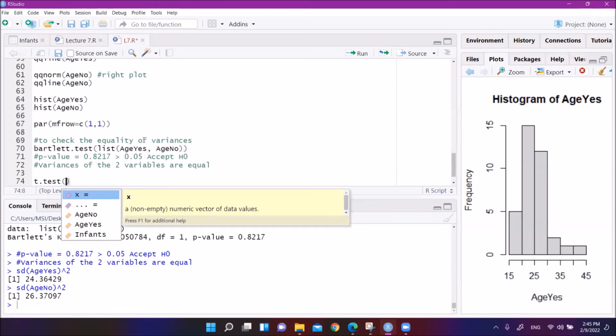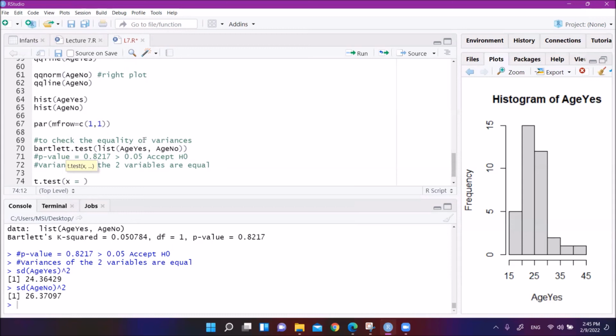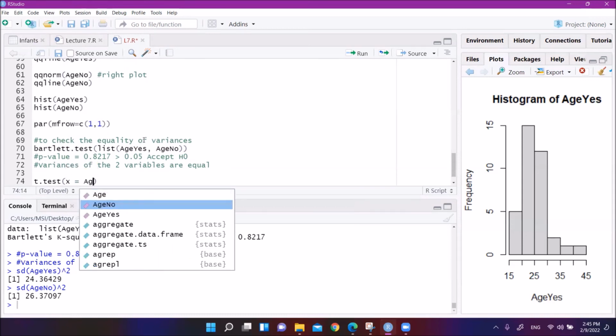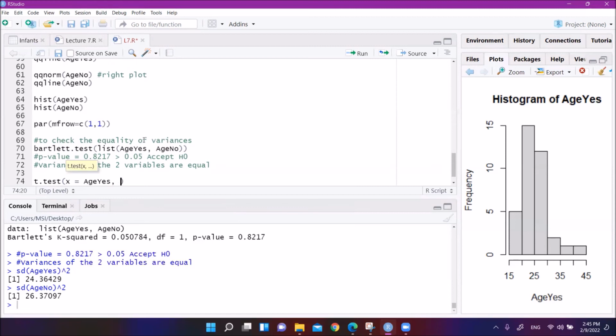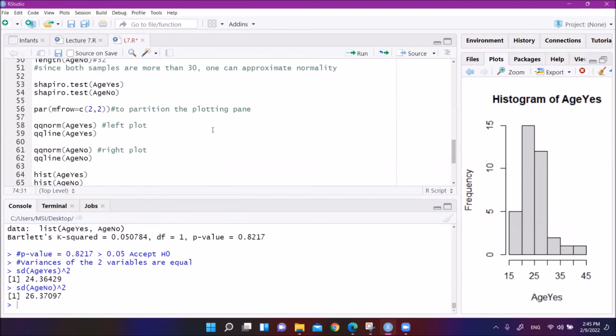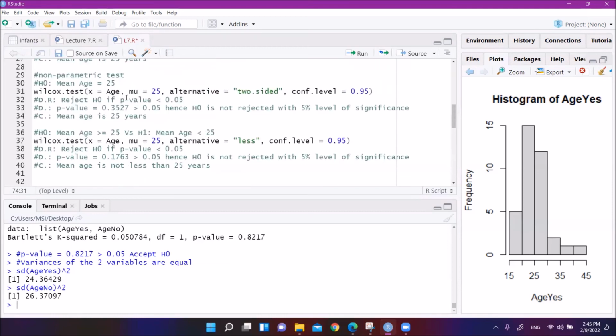Control space, x, you give the first variable, y, you give the second variable. Just because this is a two-sided case, even switching these two is fine. I'll tell you why. Right? Everything else is the same like the previous case.